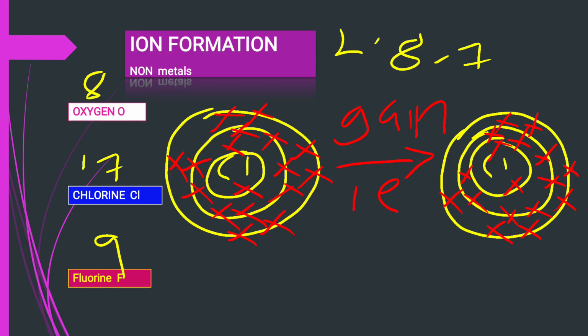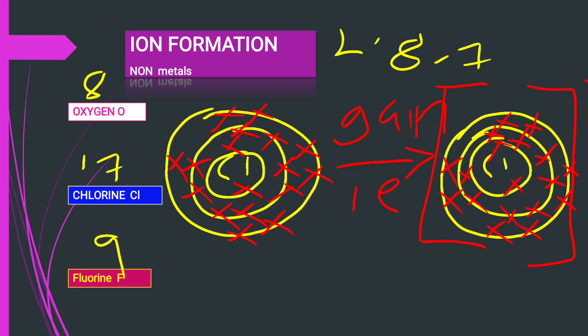Then it will gain 1 more electron here, so that it has a total of 8 electrons in the outermost energy level. And then it will have an octet state with a negative charge.